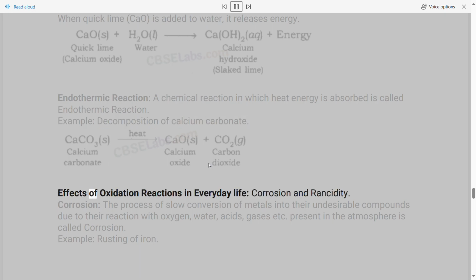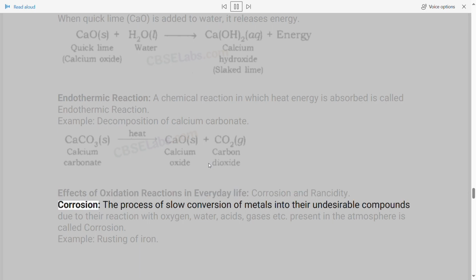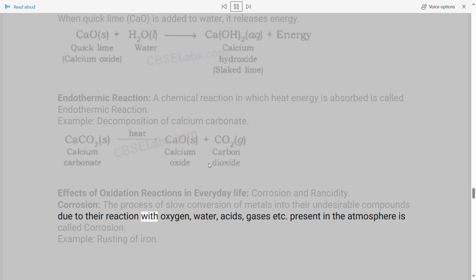Effects of oxidation reactions in everyday life: corrosion and rancidity. Corrosion: the process of slow conversion of metals into their undesirable compounds due to their reaction with oxygen, water, acids, gases, etc. present in the atmosphere is called corrosion. Example: rusting of iron.